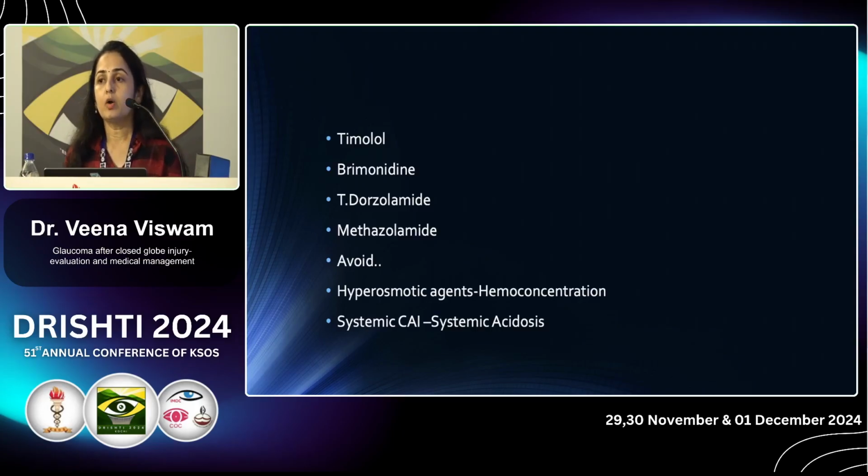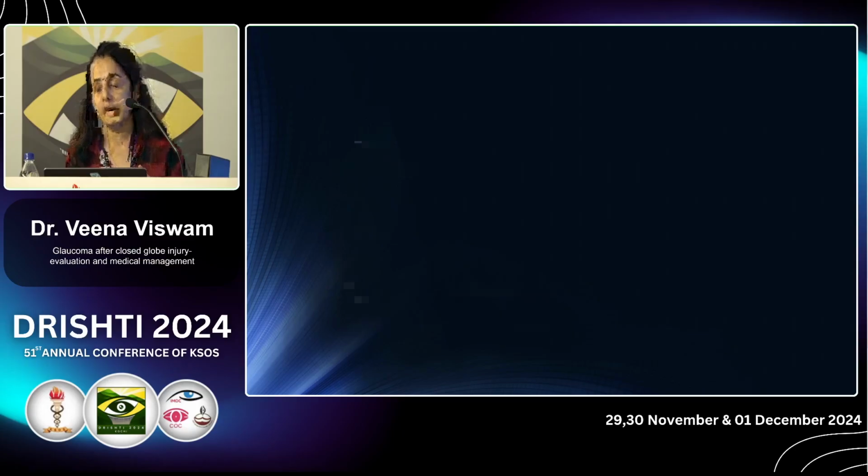Then methazolamide can be given, and hyperosmotic agents like mannitol and oral glycerin are usually avoided because they may lead to hemoconcentration in sickle cell patients. Systemic carbonic anhydrase inhibitors can lead to systemic acidosis, and are avoided in sickle cell patients.